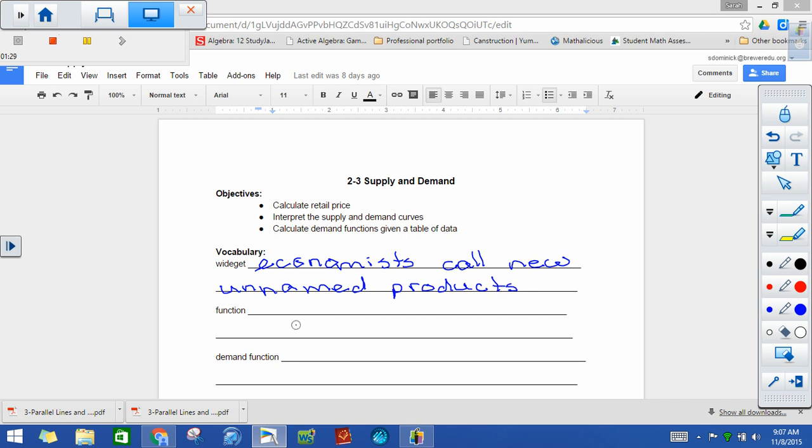A function we talked about in class. We talked about thinking of it as a vending machine, right? A functioning vending machine. When you hit a button, you know what you're going to get every single time. So you know every single time you put a certain x value into this function, into this equation, you know what you're going to get for a y value. Things that are not a function would be when you put in an x value and you could get 2 or more different y values. So the math definition of a function is a rule, usually an equation.